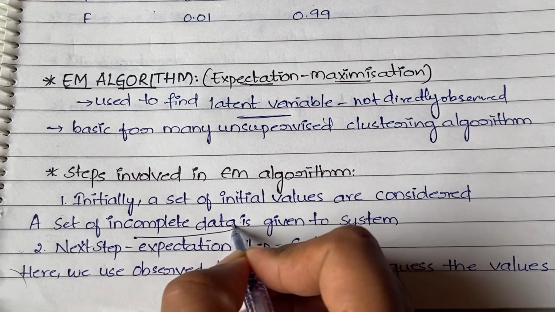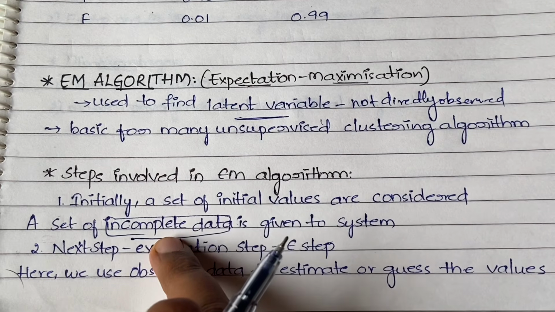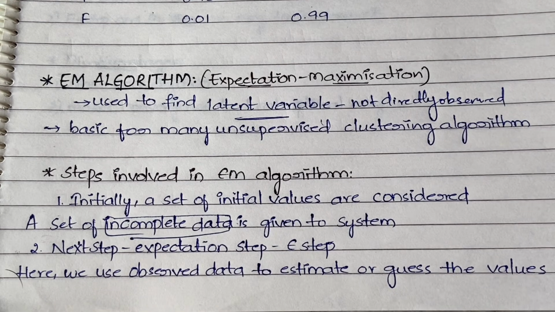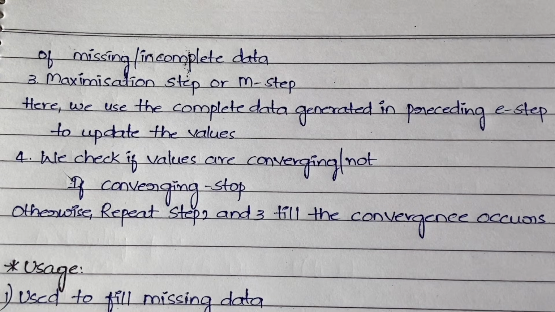In order to give values to this incomplete data, you will be guessing the values based on the previously observed data. With reference to the previous data, you'll be estimating the values in the incomplete places. That is the expectation step, or E step.